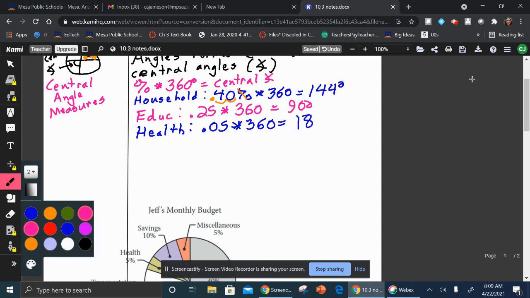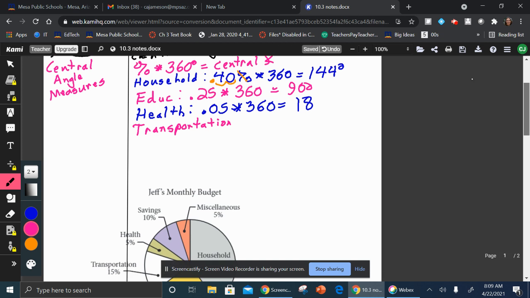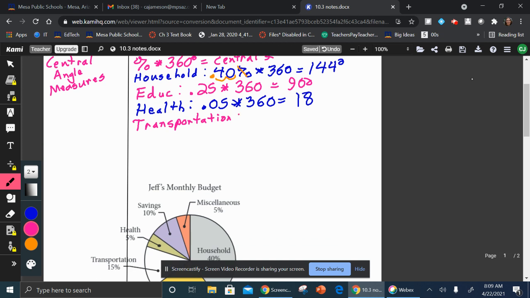And then for transportation, transportation down here is 15% times 360. It's going to give us 54 degrees.